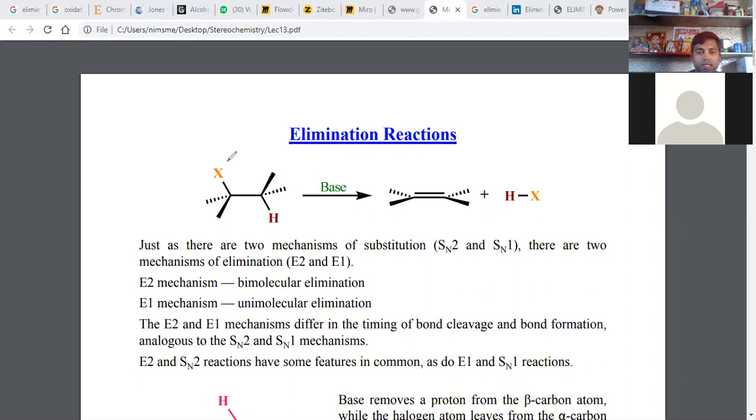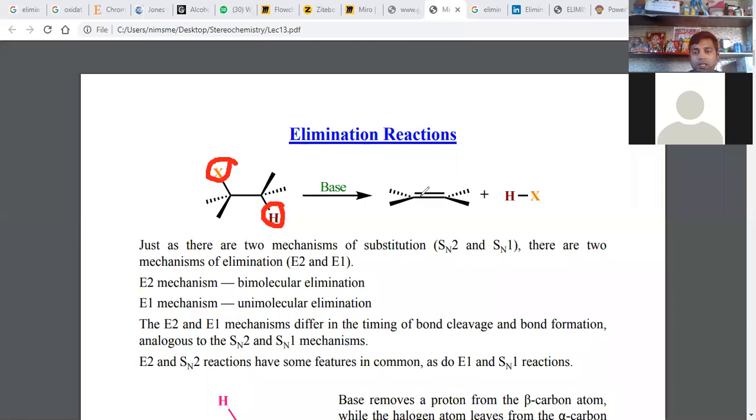We can see in this example, this is a molecule, and this molecule undergoes loss of these two fragments, hydrogen and halogen, in the presence of a base to generate this multiple bond.